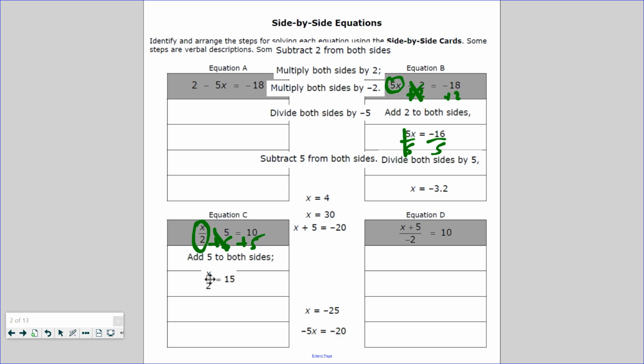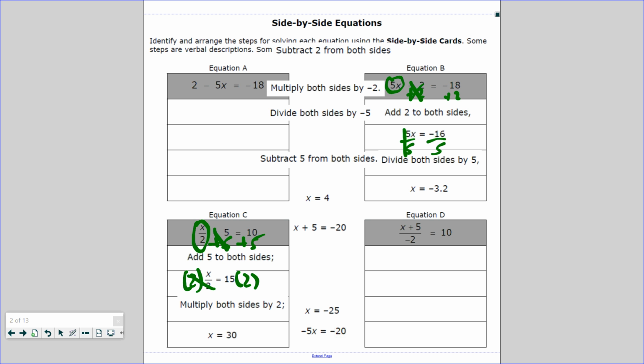What is the inverse operation of divide by 2? Times 2. So I need to multiply both sides by 2. This cancels out, so x equals 30. Whoops, why am I writing that down when it could be right here? So I only have a few more pieces left now.